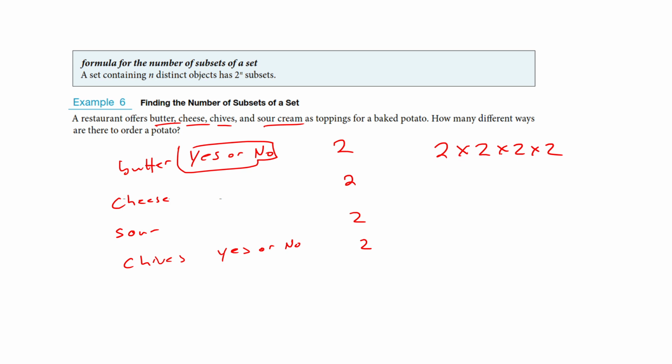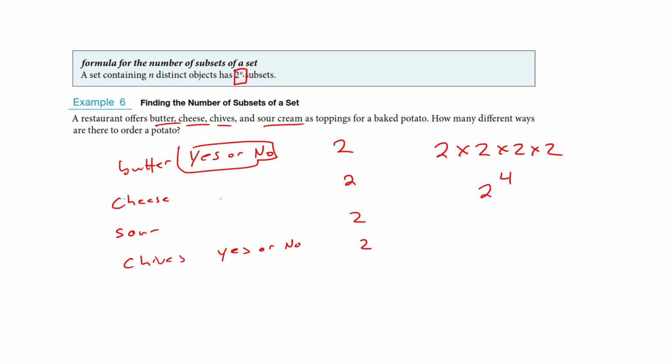Well, isn't that the same as 2 to the fourth? There were 4 options. So basically we're saying, how many different subsets could we make out of our choices? We're simply asking for each of them, yes or no, are they included? And so we simply have this formula, 2 to the n, where n is how many different choices or options we had.